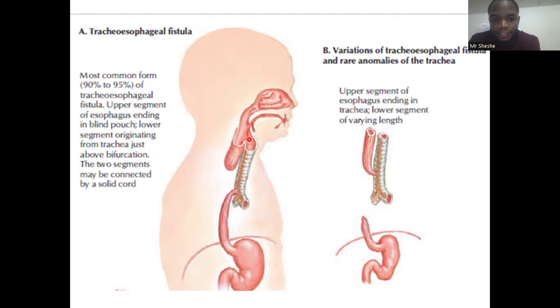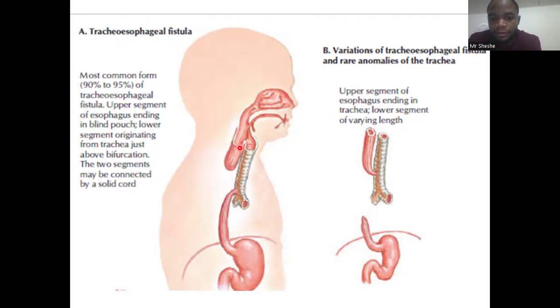Then the next layer going out is the submucosa, which is a layer of connective tissue. Special to this epithelium is that in the submucosa, the esophagus has glands. There are mucus glands found in the submucosa, which you can see here, and those produce mucus that offers some lubrication as food passes through the esophagus.